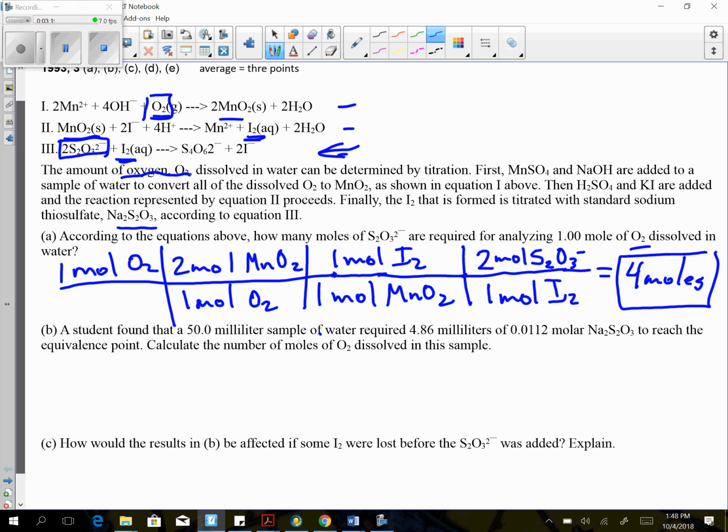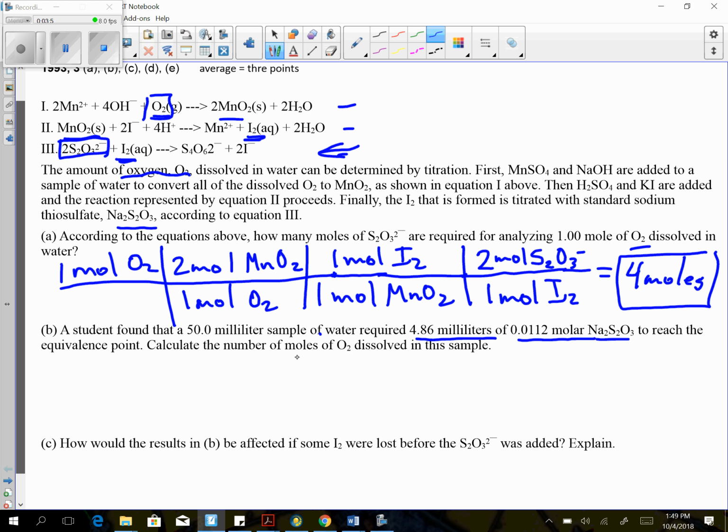And so in the next part of that question, on B, the student found that you had a 50 milliliter sample of water. In that water, there is some dissolved oxygen, and we want to know how much. That oxygen in that 50 milliliters of water required 4.86 milliliters of 0.0112 molar sodium thiosulfate to react.